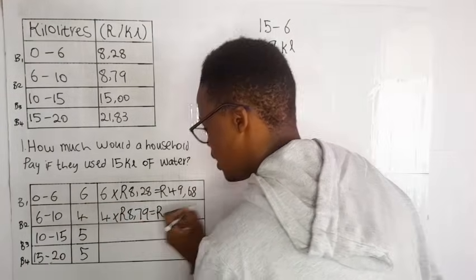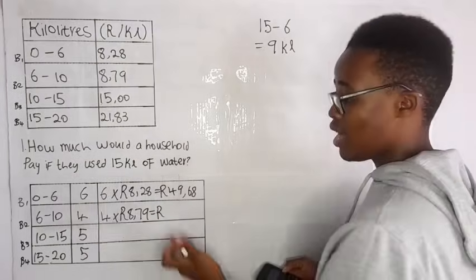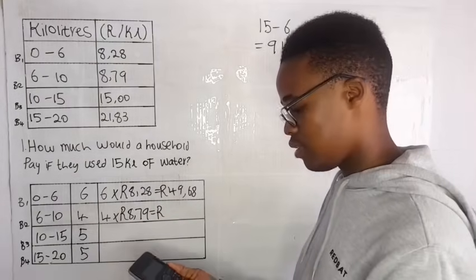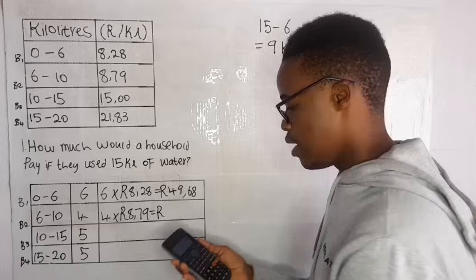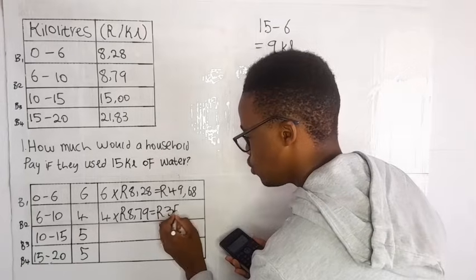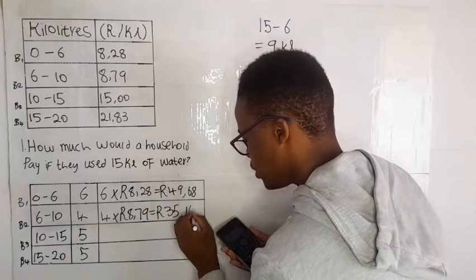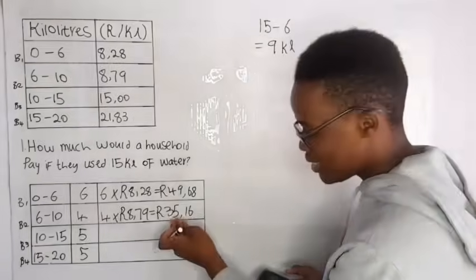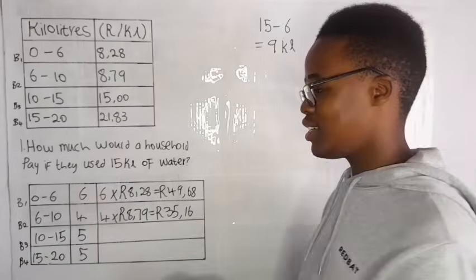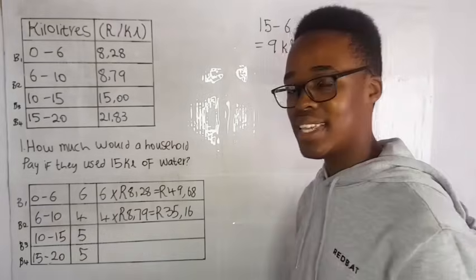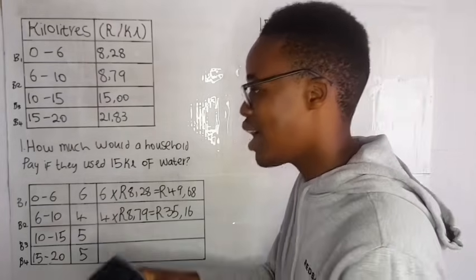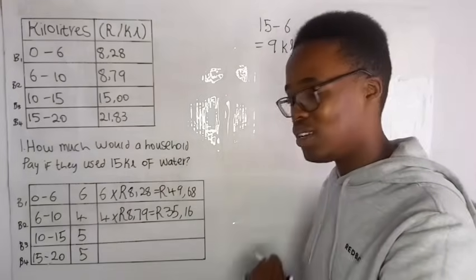You write the answer on the same block. 4 multiplied by 8.79 gives us 35.16. This is the amount they're going to charge this household for the next 4 kiloliters of water after the first 6 kiloliters.